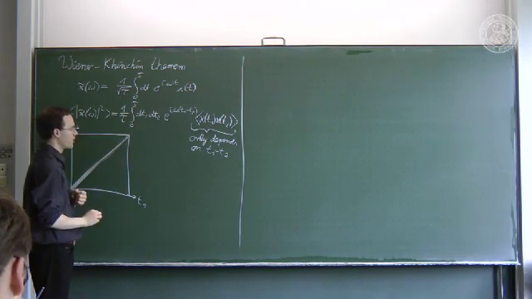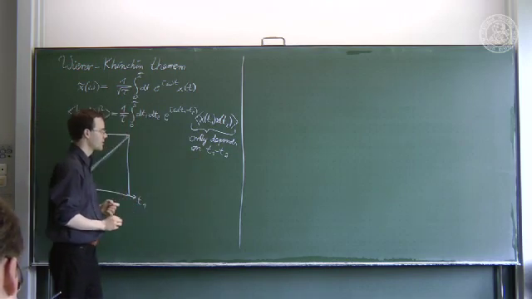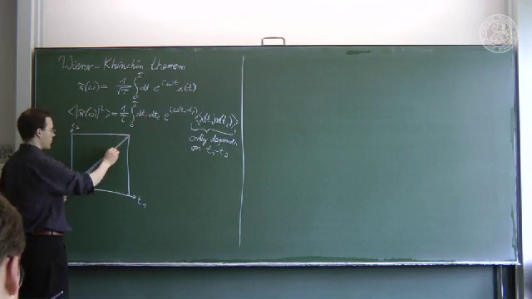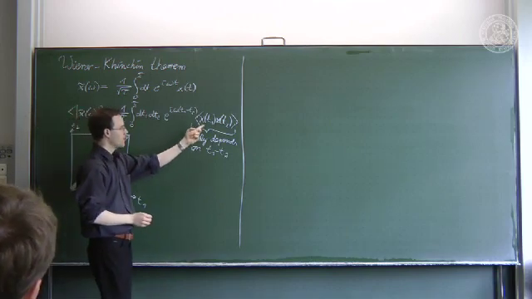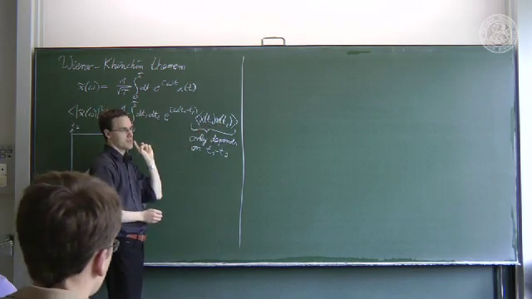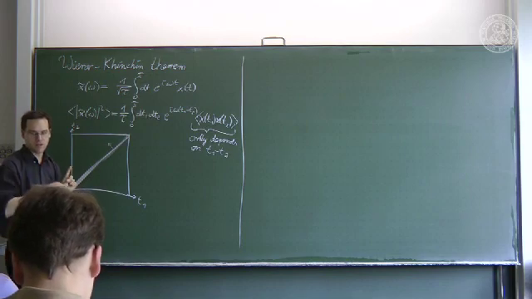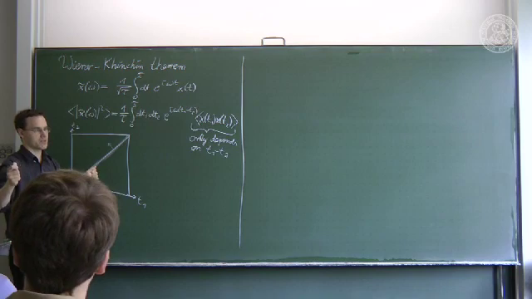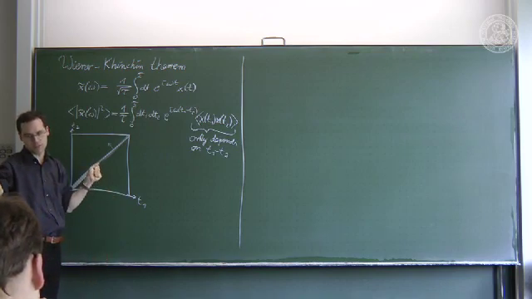And now, if I change the difference of the time coordinates and move away from the diagonal, what happens is that the correlations of these fluctuations become less and less important. If I move away in time, then the correlations decay, simply because if these fluctuations are very far apart, taken at very different points in time, then they practically don't know anything about each other.